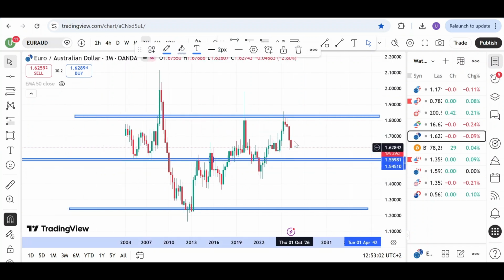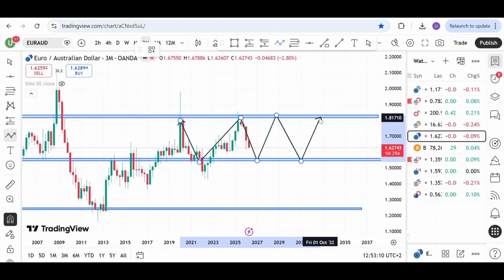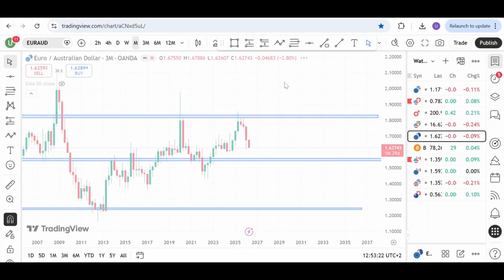We are in a range or a consolidation where we are seeing the buyers and sellers balancing the power together. So we are seeing a seller bringing the price to this 3-month level here. So we can capitalize on this seller's leg.